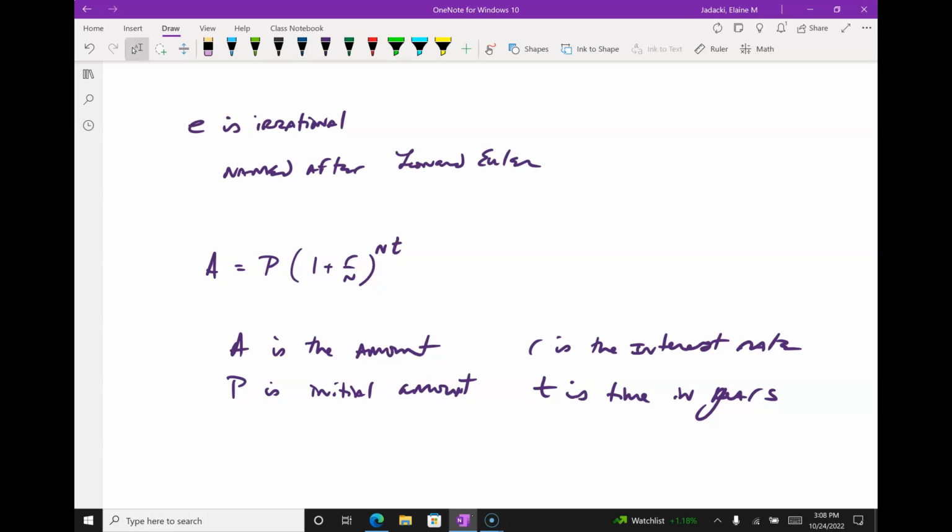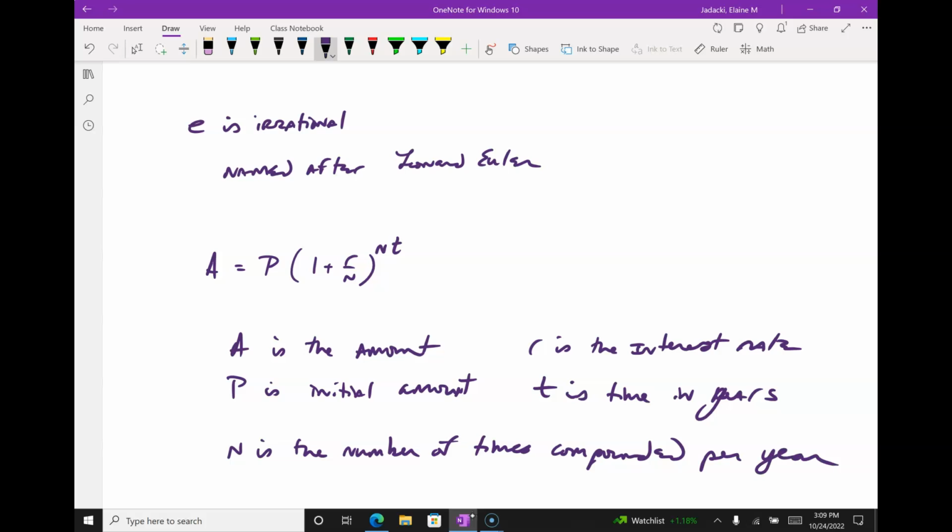I'm not sure my formula is right. Let me fix it in a second. But N is the number of times compounded per year. Let me just check my formula real quick, okay?